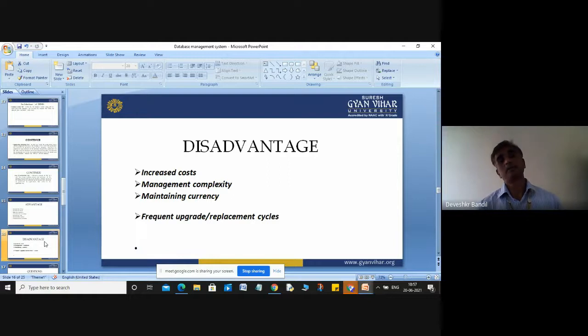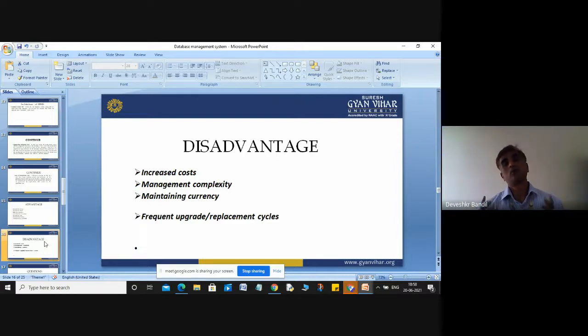Your DBMS also has many disadvantages, like increased cost. If you are making a database for your enterprise, obviously your cost will increase, because in your database management system team there are so many employees working on your database.